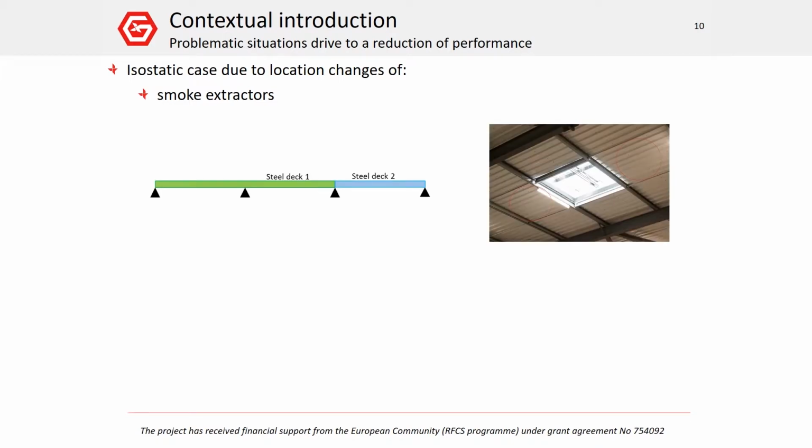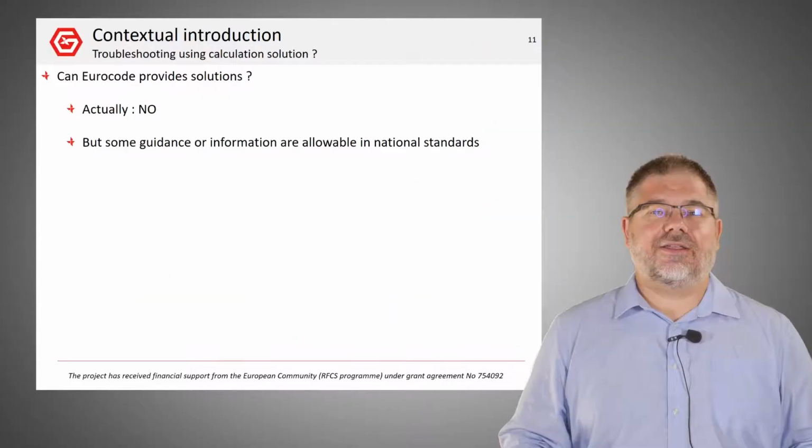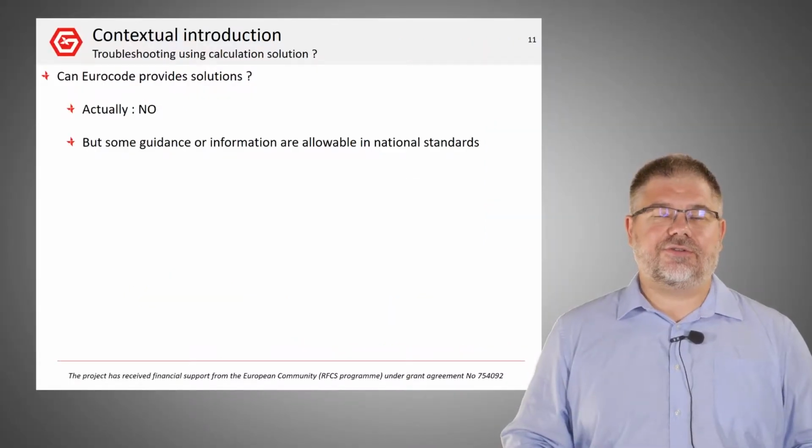The steel sheet is replaced locally on a span, creating an isostatic configuration. Its resistance is thus reduced, and it happens that it's not sufficient. In this case too, it is for engineers to find a solution that avoids changing the initial choice of the product. In front of such situations, the Eurocodes don't provide reinforcement of steel sheet by assembling.